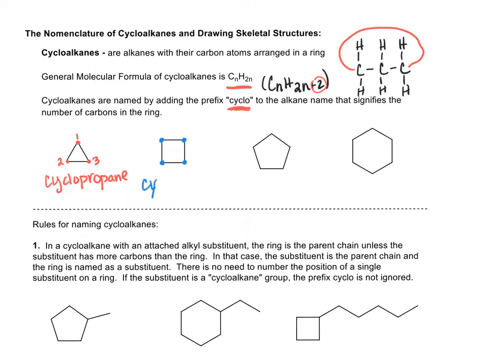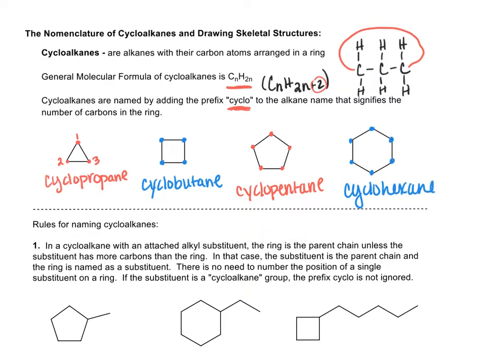So 4 is cyclobutane. The next one, we see 1, 2, 3, 4, 5. So this is cyclopentane. And the last one, we see 1, 2, 3, 4, 5, 6. So this is cyclohexane.